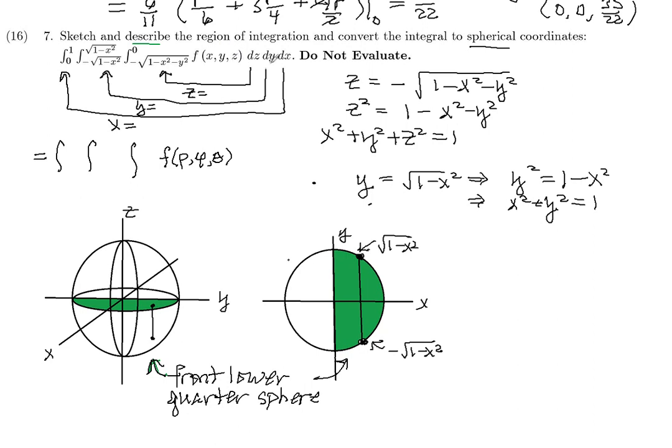And then remember our volume element dz, dy, dx, in spherical coordinates, is rho squared sine phi d rho, d phi, d theta. So this is our dV.